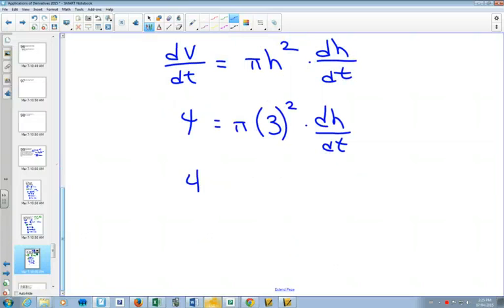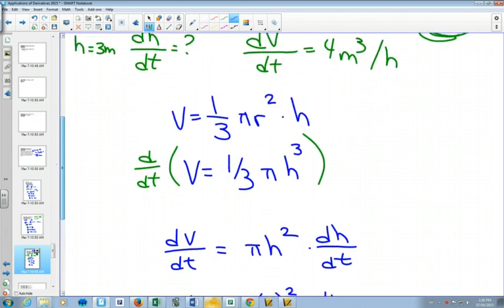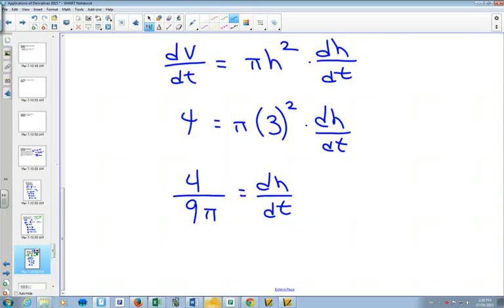So dividing both sides by 9 pi would tell us that when the height got to 3 meters, at that specific time, the height was changing at a rate of 4 over 9 pi. What units were we using?